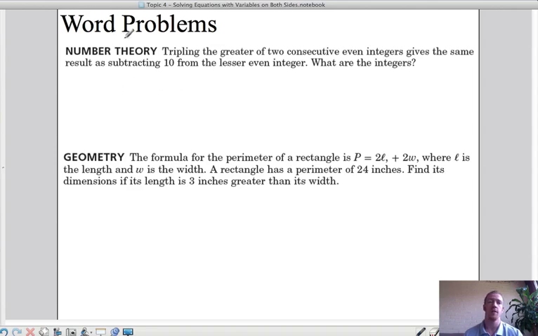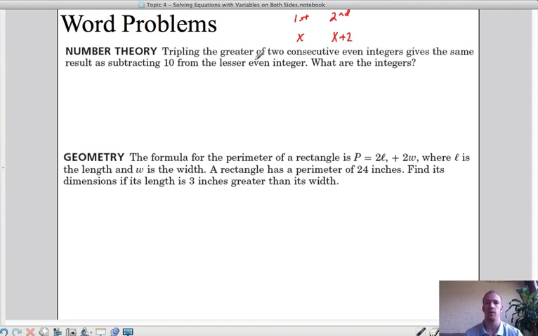Alright, and here's just a couple of examples of some word problems. So, tripling the greater of two consecutive even integers. So our first even integer we're just going to call x. Our second, consecutive means one even then the next even, is going to be whatever that number is plus 2, right? Because that number plus 2 will give us the next even number.